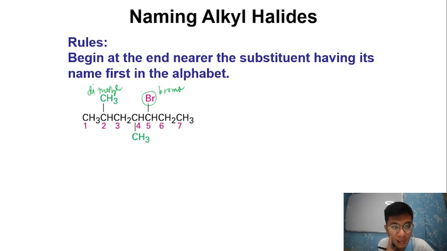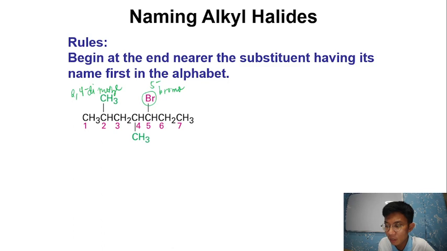Ngayon, nasaan yung mga substituents? Yung dalawang methyl group nasa 2 and nasa 4. So 2, 4, and si bromine or bromo ay nasa number 5. Oh, question. Which one will come first in the alphabet? Of course, bromo.